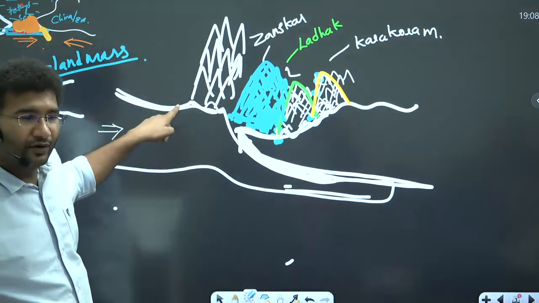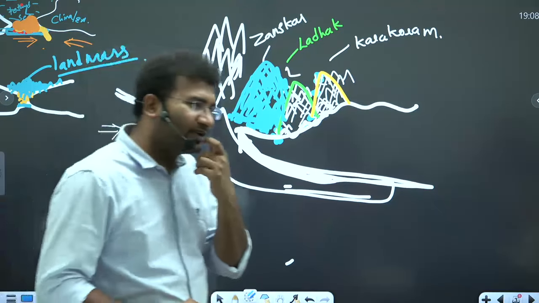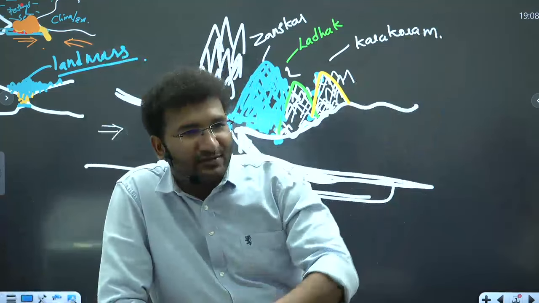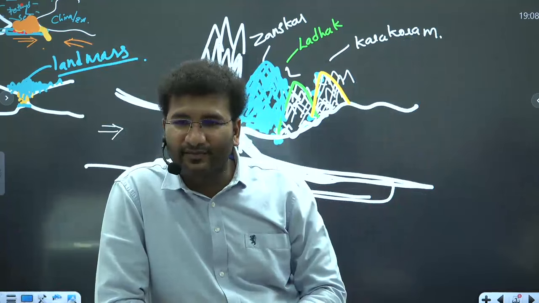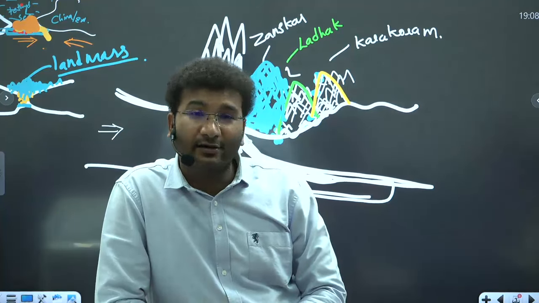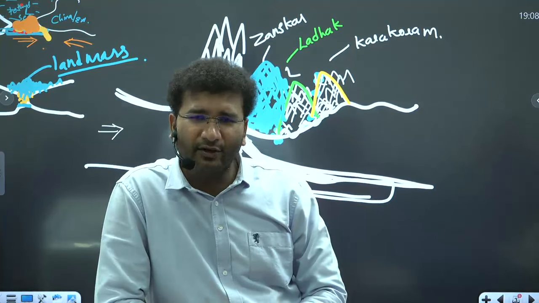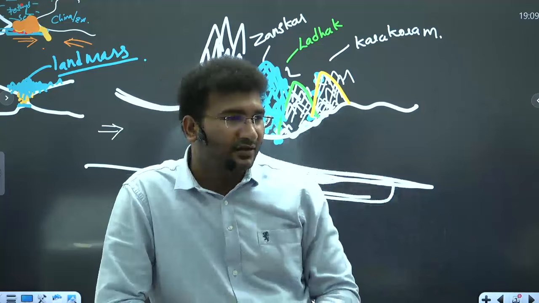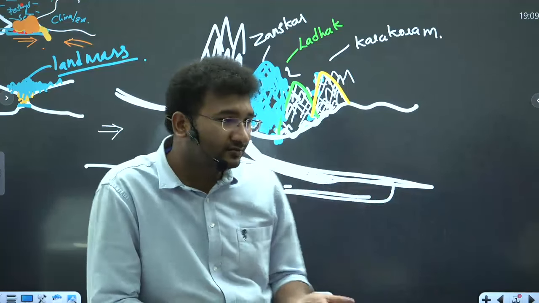Now, in the foredeeps, all the sediments, don't you think there are rivers on Himalayas? Now, those rivers used to go and deposit the material in the foredeeps. Okay? Likewise, you had Indus and Brahmaputra rivers. Dekho, Indus and Brahmaputra rivers, they were there even before the formation of the Himalayas. Where were these rivers flowing into?